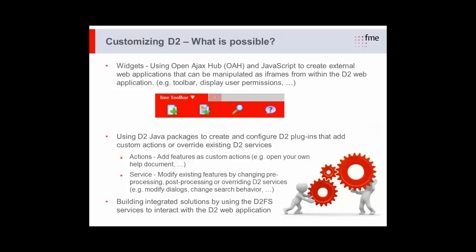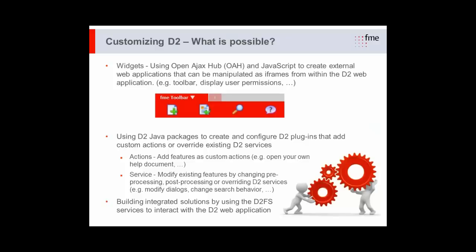On this slide, you see, for example, the FME toolbox. This is a widget we have developed in a customer project. This widget displays icons, and with these icons, you can execute features in D2.